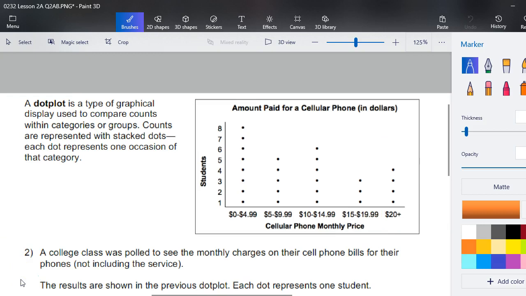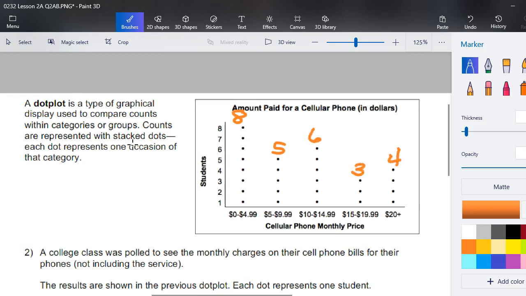Part E on question 2 says how many students were polled and how do you know? Earlier in the definition, it said these are counts and they're represented by stacked dots. And then it says in question 2 that a college class was polled. So that tells us that the students who responded, we have 8, 5, 6, 3, 4.